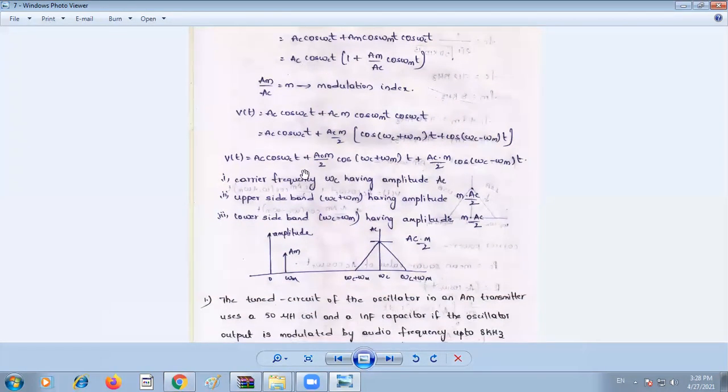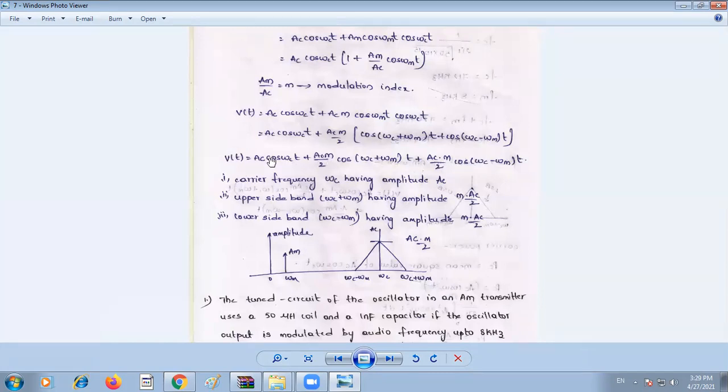Now from this, v of t is Ac cos omega c t plus Ac M by 2 cos omega c plus omega m t plus Ac into M by 2 cos omega c minus omega m t. There, cos omega c with Ac is one term, omega c plus omega m with Ac M by 2 is another term, and omega c minus omega m with Ac into M by 2 is another term.